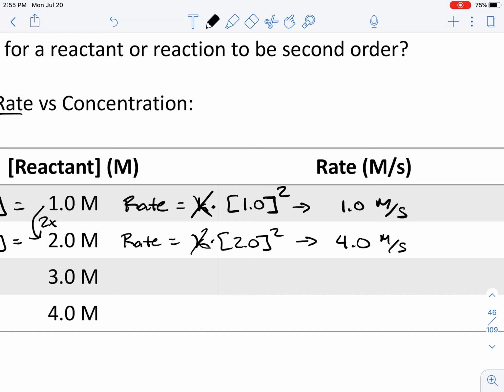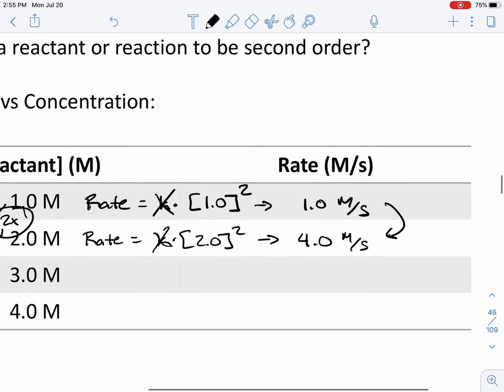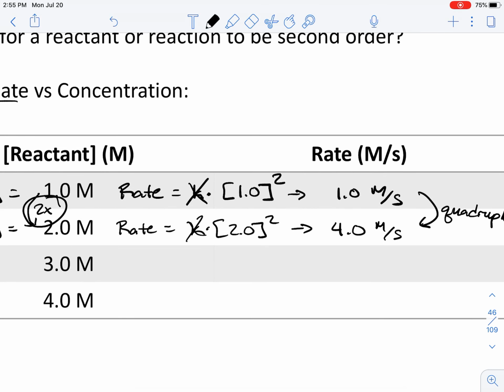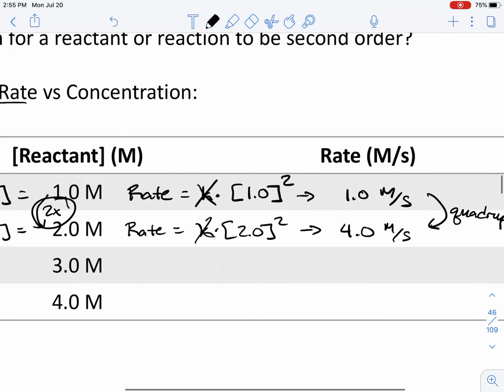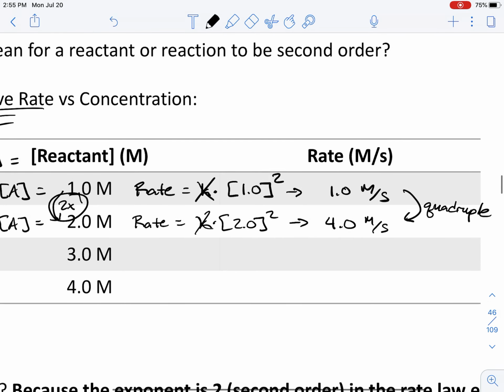So notice how there's a change between the concentration of the reactant and the rate of reaction. If you double the concentration, you quadruple the rate of reaction. Now in first order kinetics, if you double the concentration, you double the rate of reaction. So notice that there's already a difference between first order and second order kinetics.